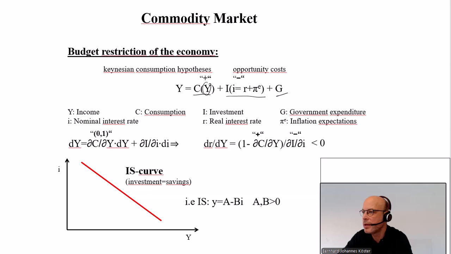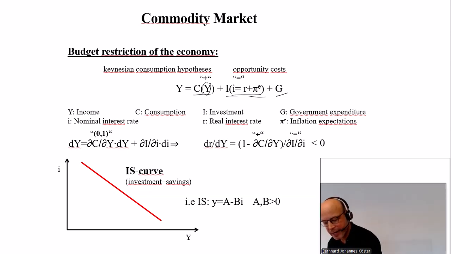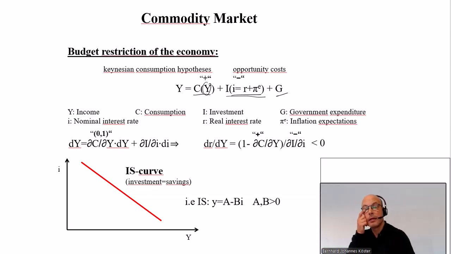You know, also in the microeconomic case, a normal good is defined such that demand increases if income is increasing. And we have a negative dependence of investment on interest rates. Here I also used the Fisher equation: within these investments we also see approximately the sum of expected inflation plus real interest rates.